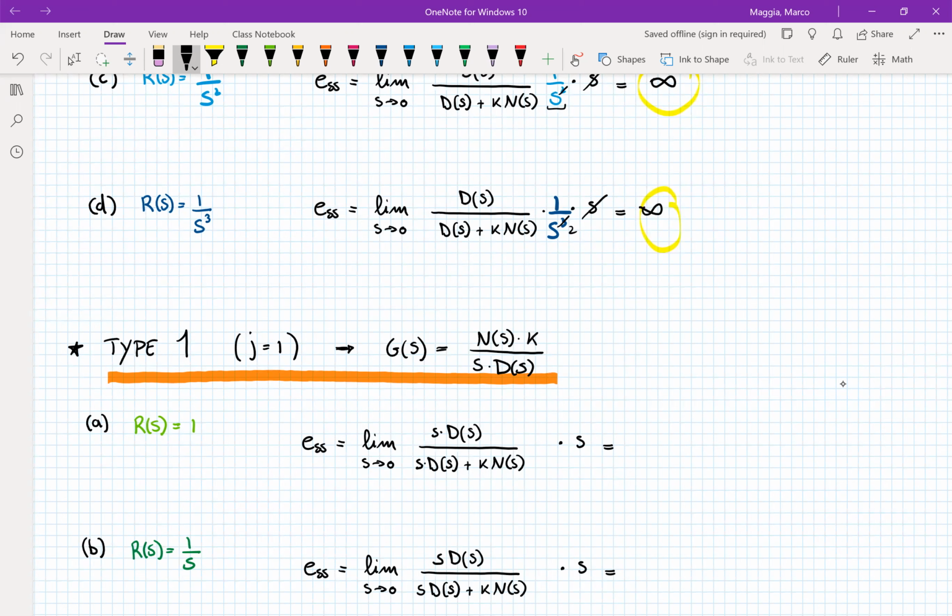So I've already set up here the limit, and see the difference is that now we have this s here and here to the power of 1. If we use an impulsive input, that is 1 over here, then the limit is 0, because this goes to 0, this goes to 0, and this goes to 0.